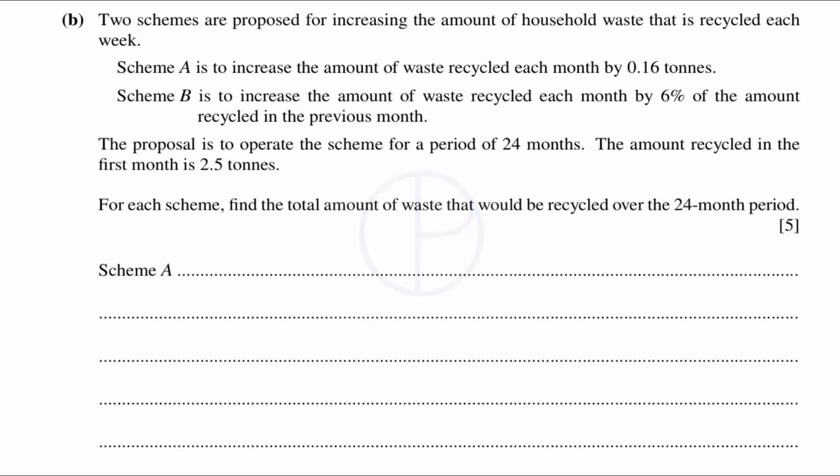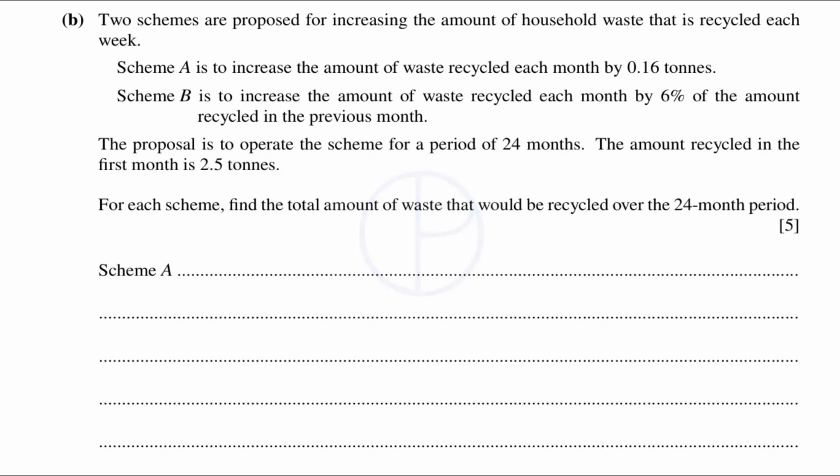Scheme B is to increase the amount of waste recycled each month by 6% of the amount recycled in the previous month. The proposal is to operate the scheme for a period of 24 months. The amount recycled in the first month is 2.5 tons. For each scheme, find the total amount of waste that would be recycled over the 24-month period.